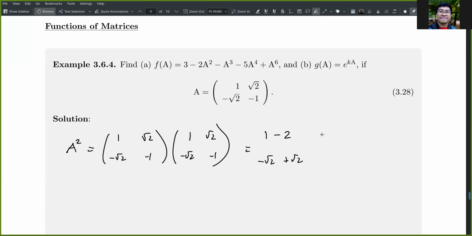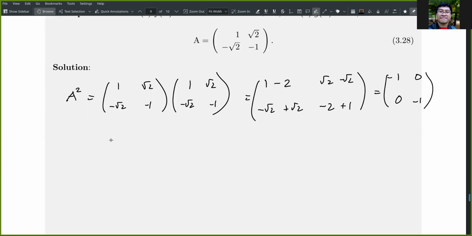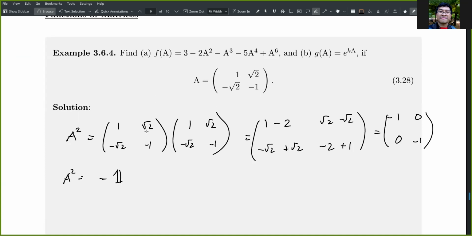This times this, so that's square root of 2 minus square root of 2 again. This is minus square root of 2 plus square root of 2. This and this, that's negative 2 plus 1, which equals negative 1. So we have negative 1, 0, 0, negative 1, or A squared equals the negative of the identity or unit matrix in 2 dimensions.